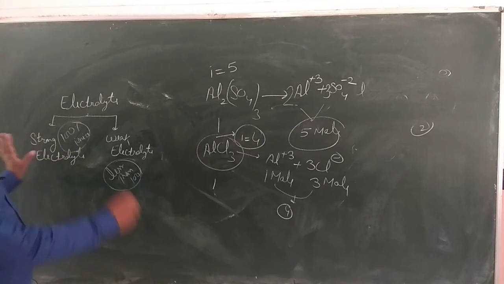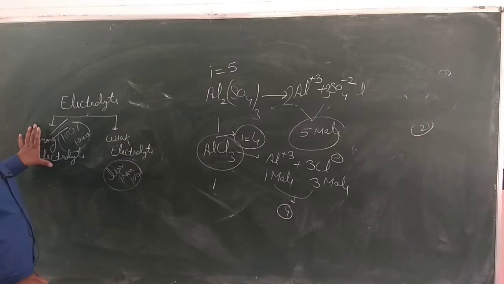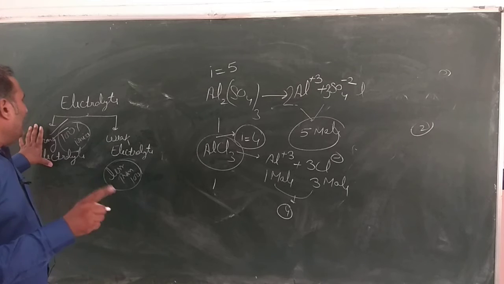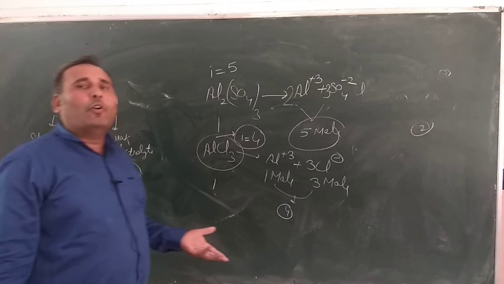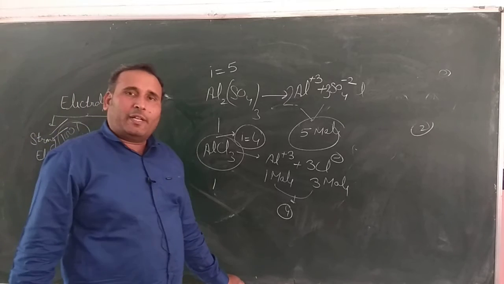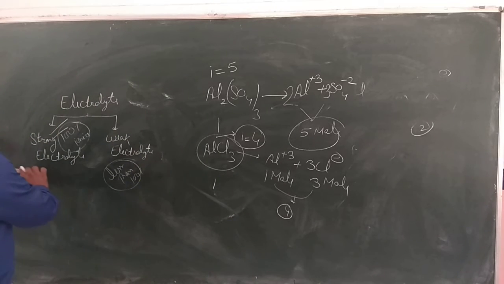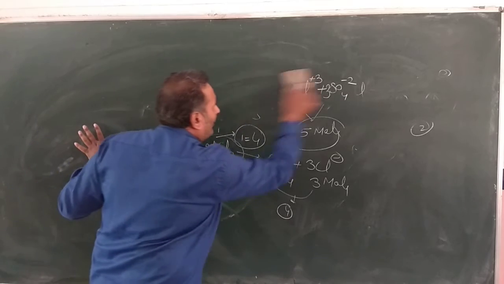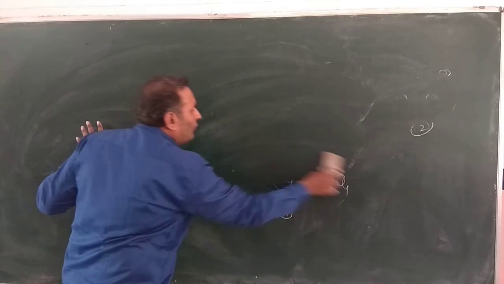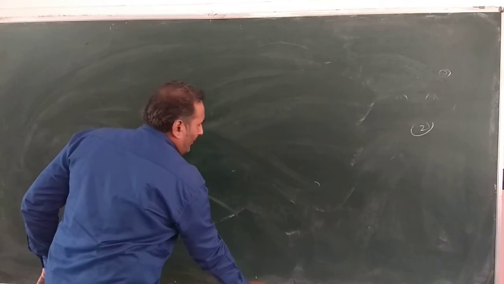So simply we can say for strong electrolyte, the van't Hoff factor is the total number of ions produced by 1 mole of that strong electrolyte. Here, total mole of ion. But if we are talking about weak electrolyte, then what will happen?